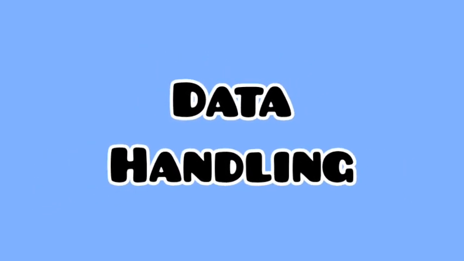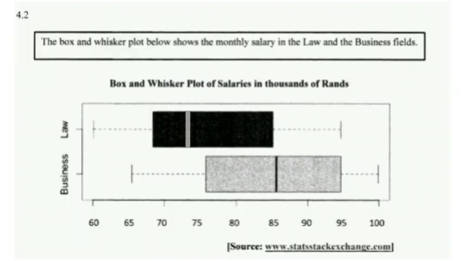So when we're looking at data handling, remember I said we did some more questions on data handling in the scope videos from last year, so you can also look at those, but this one specifically focuses on box and whisker. It says the box and whisker plot below shows the monthly salary in law and in business field. So you have the box and whisker for law and for the business field. We know that the box and whisker basically shows you the 5-point summary.